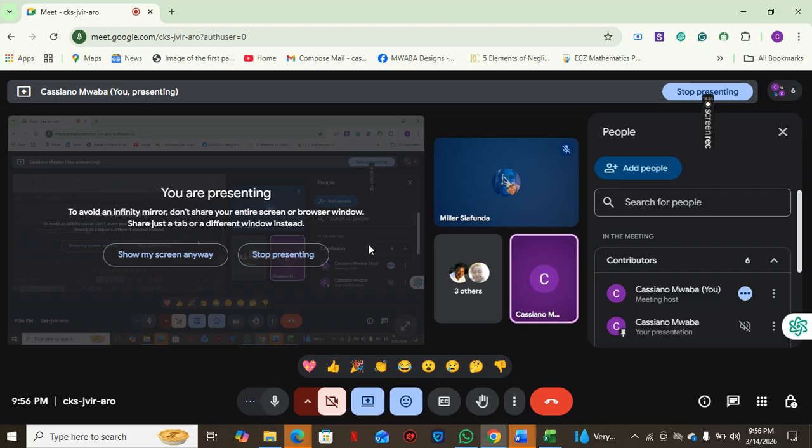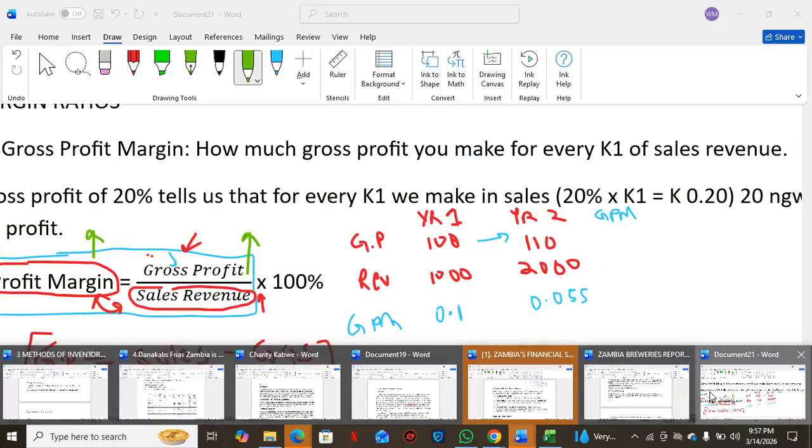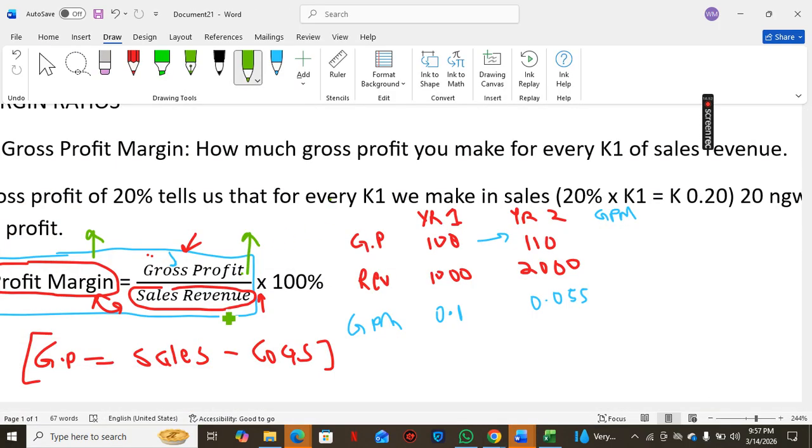Yes, so the inventory costs make a big part of the cost of goods sold. That's the major component you are managing when you're dealing with gross profit margin, where maybe you can have some control. Even with sales, to increase your sales revenue, it means you need to advertise more and make your product readily available.